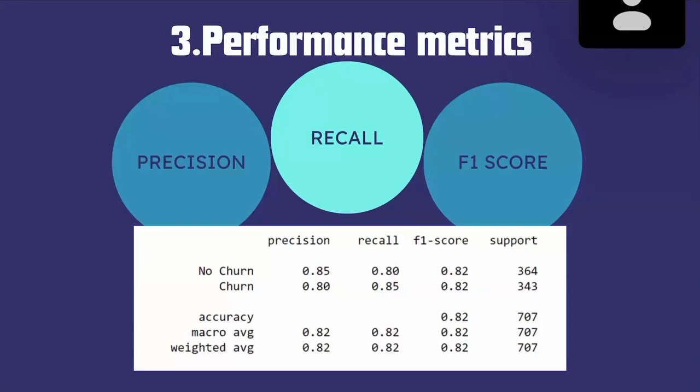For recall, the second one, recall measures how many actual churn cases were successfully identified by the model, representing the proportion of true positives among all actual churn cases. Random forest achieved a recall of around 0.82, meaning it correctly identified 82% of customers who actually churned.